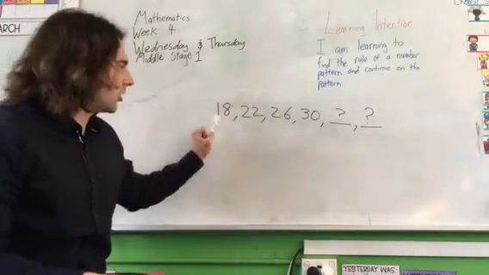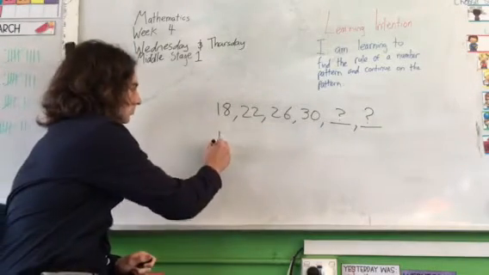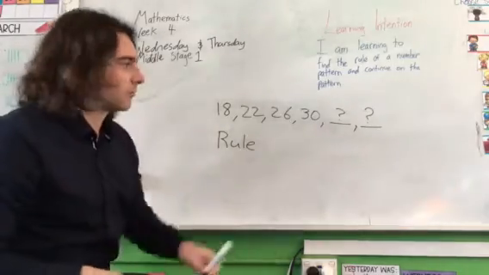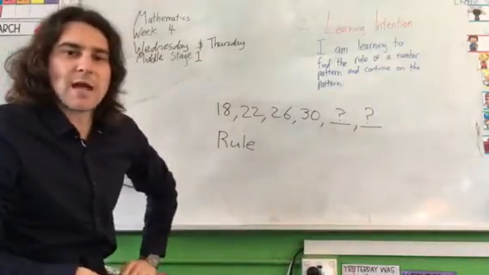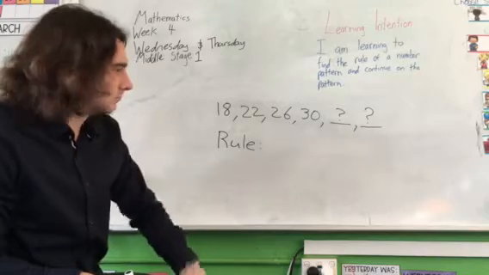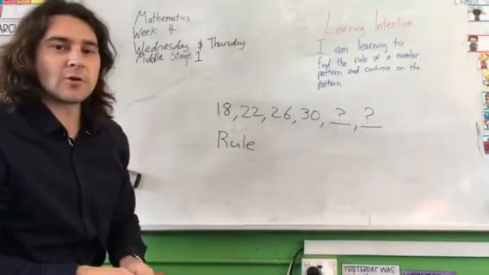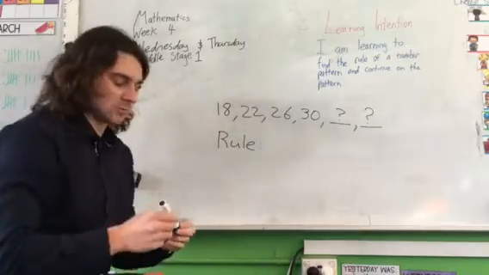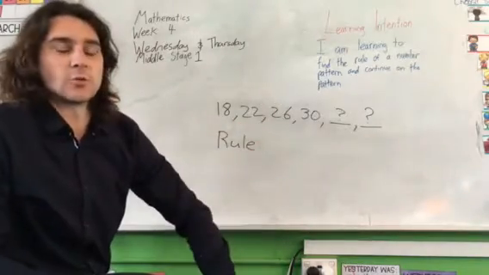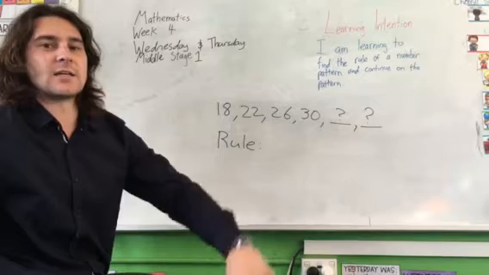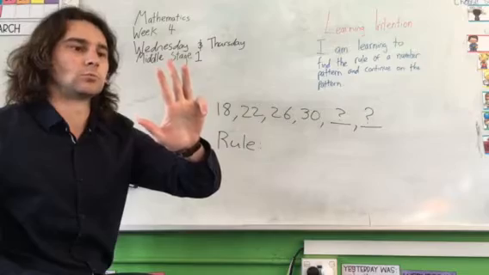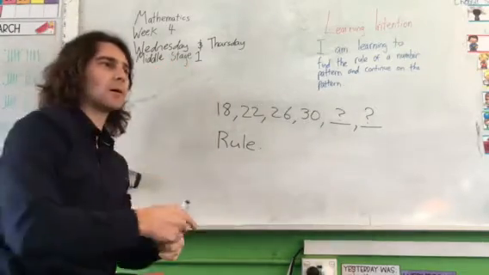I need to not only find the rule, I need to add in the next two numbers at the end of the number pattern. The first thing that I do is find the difference between the first two numbers, 18 and 22. I'm going to put 18 in my head and count forwards by 1s until I reach 22. 18, 19, 20, 21, 22. 1, 2, 3, 4. I've moved up by 4.